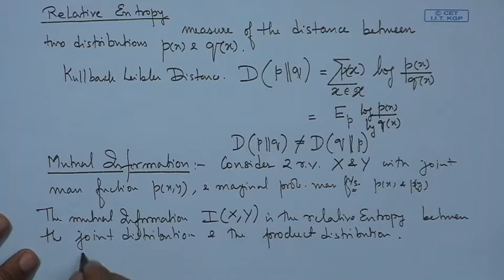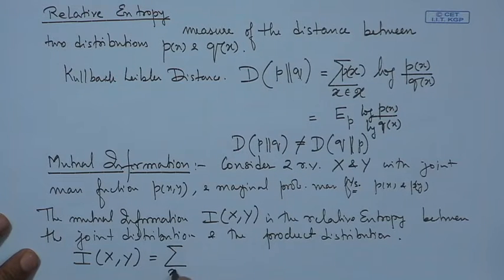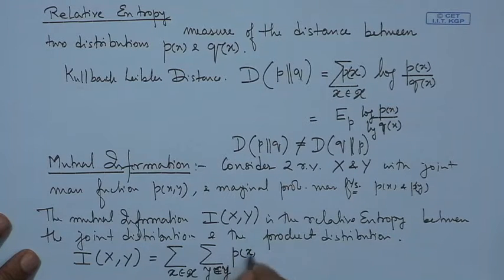So in other words, I of xy is given as sum over x, element of all of x, times sum over y, element member of all of y, the joint over the P of xy. See, it is relative entropy between the joint distribution and the product distribution.